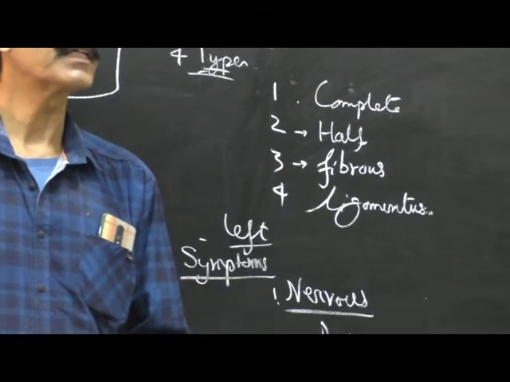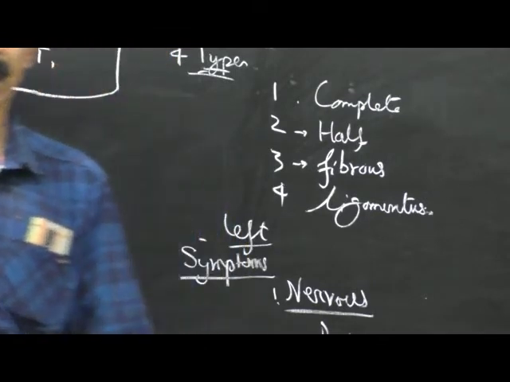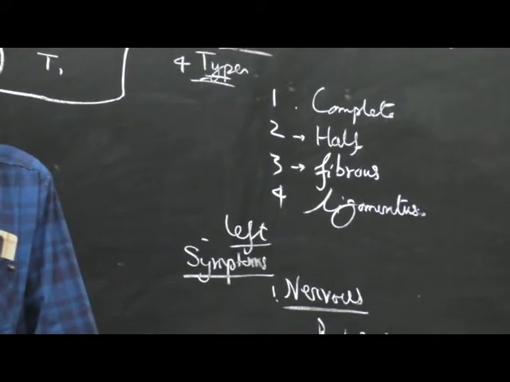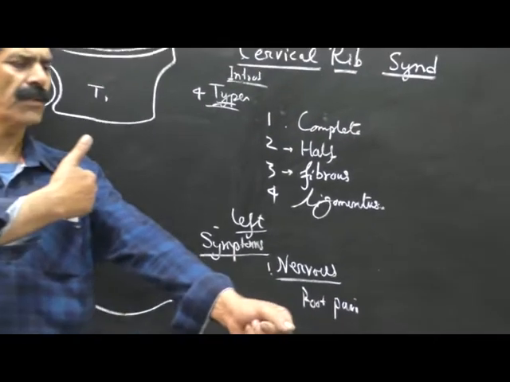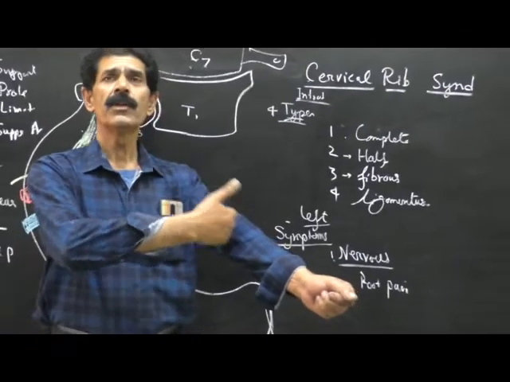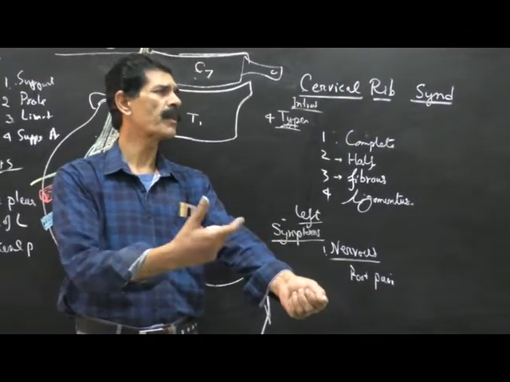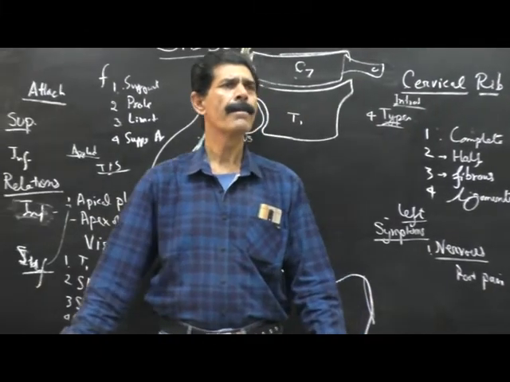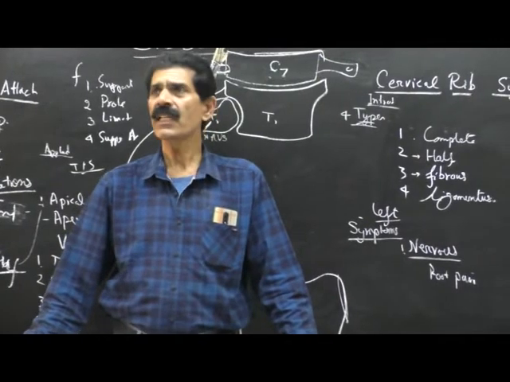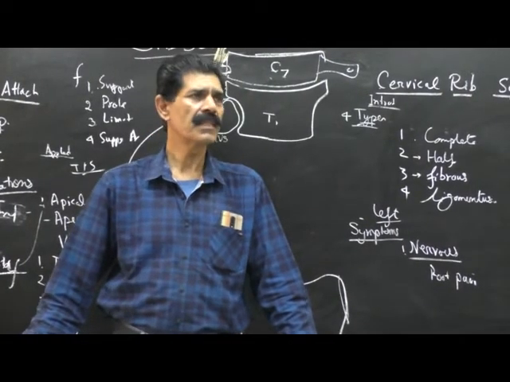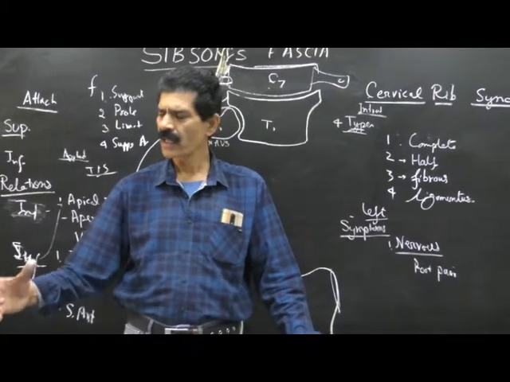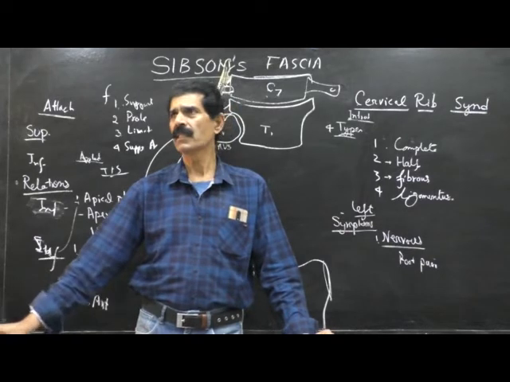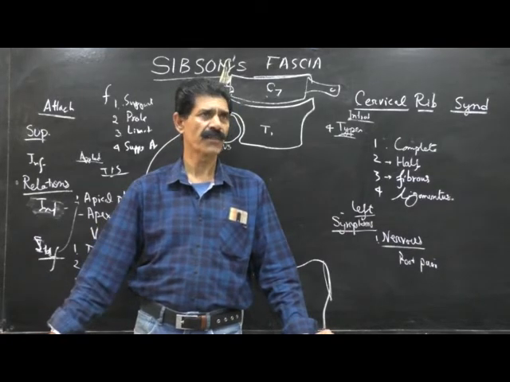What do we use for the weakness of the muscle? Paresis. Paresis will be there. Later, in the next part when we do the upper limb, you will see that the T1 nerve goes to supply a certain group of muscles in the upper limb. So a few muscles of the upper limb will have paresis, weakness of contraction. Some disability will be there. The patient cannot hold a glass of water. So there will be difficulty involving the T1 nerve compression.